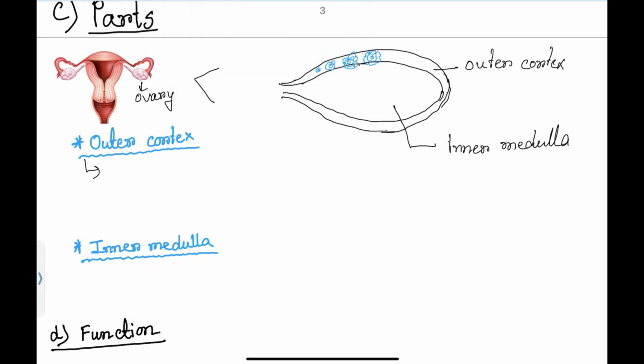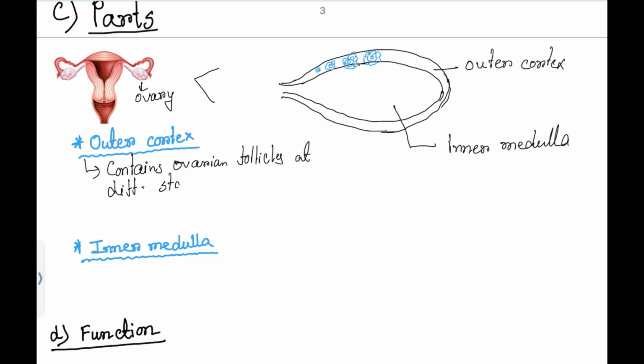You can make a note like this: outer cortex contains ovarian follicles at different stages of development. First primary follicle, then secondary follicle, then mature follicle. From this mature follicle, the secondary oocyte will come out, then it will become corpus luteum. Like this, different phases are there, na?